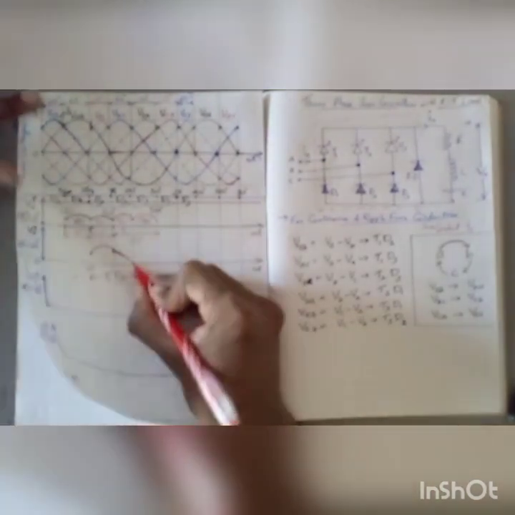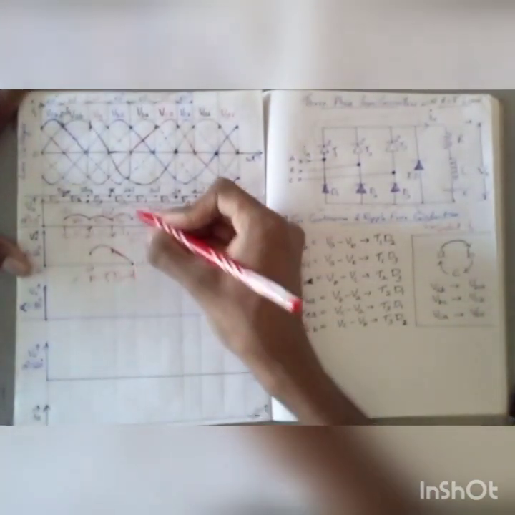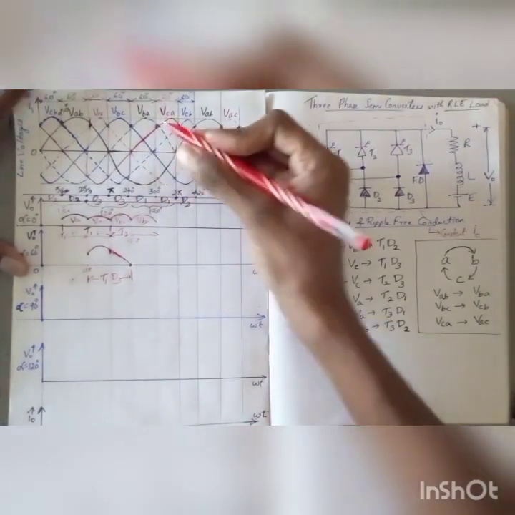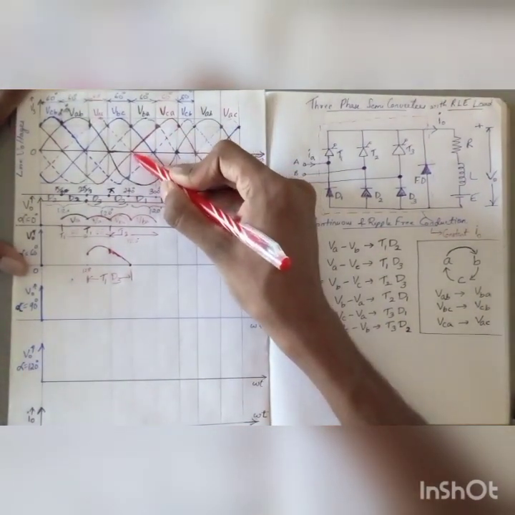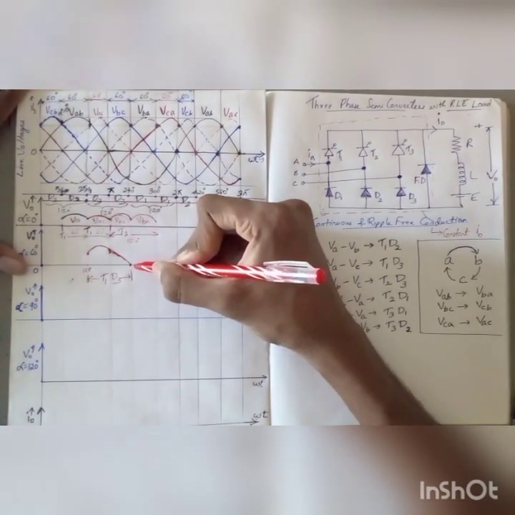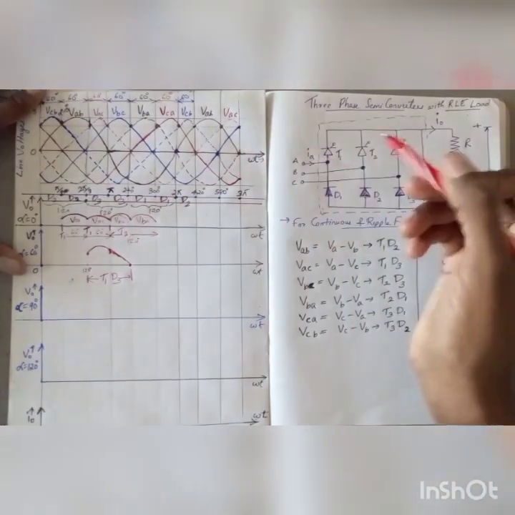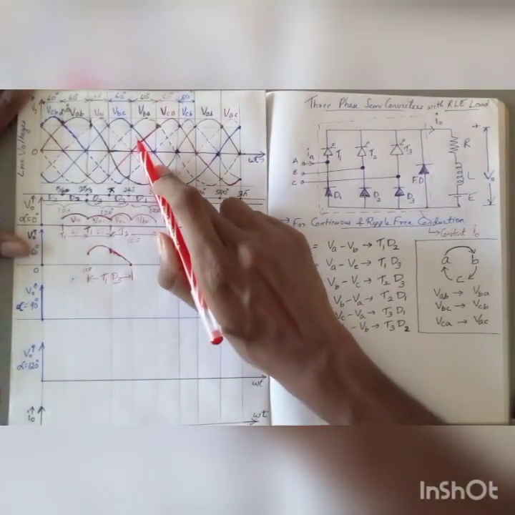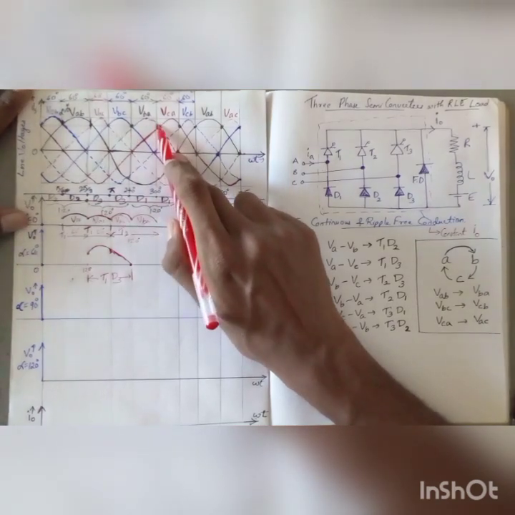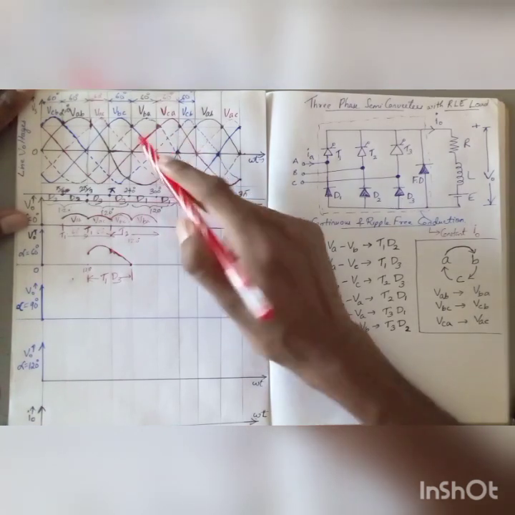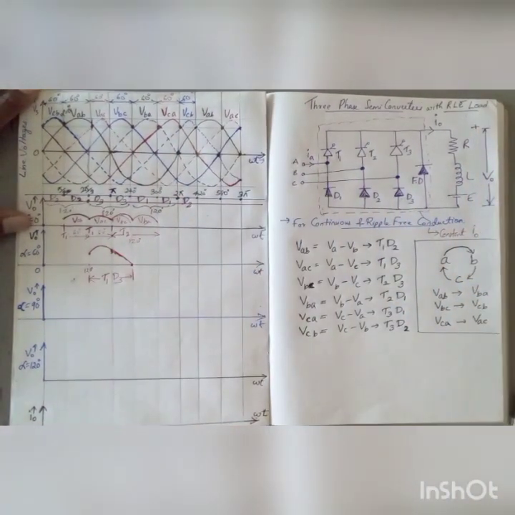At omega t is equal to 240 degree, what happens? At omega t is equal to 240 degree, my T1 has already completed 120 degree, so I should go for the next thyristor. Then when I look into the figure itself, I can understand that VBA is the highest voltage appearing there when compared to other voltages at omega t is equal to 240 degree.